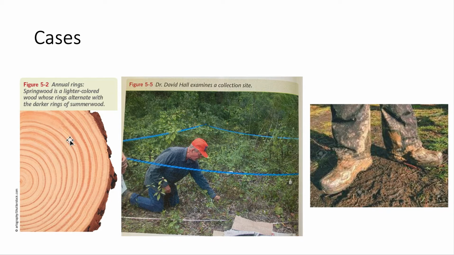Thicker is better, thinner is a worse time of growth. So if these match up, it's from the same piece of wood. So the wood in the ladder, the rings, matched up with that of his house.